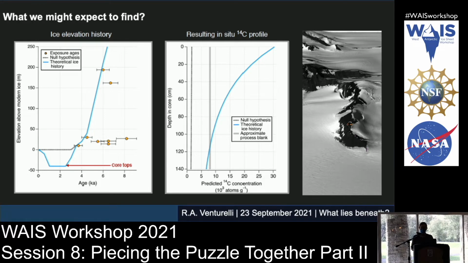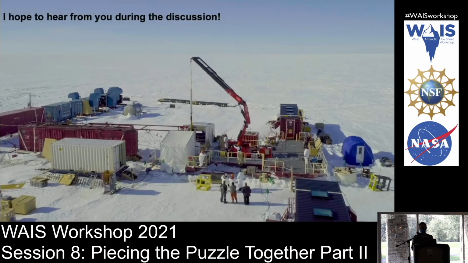And I would be really interested in hearing from you in the discussion how we can drill some more holes through West Antarctica and collect more sediments and bedrock to really explore whether or not West Antarctica was smaller than present in the Holocene and why. So, thanks.